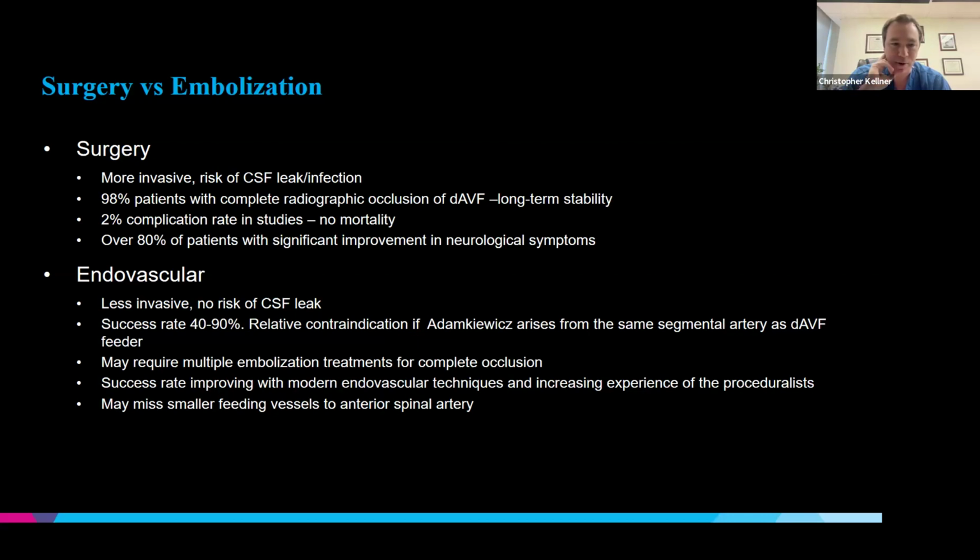So you have a good idea about what the anatomy is, and you only embolize if the Adamkiewicz is not on that radicular artery. If it's not on that radicular artery, then it is safe to embolize, and that can be done effectively. But you've got two very good treatments here, and so identifying the one that is the lowest risk is the goal.